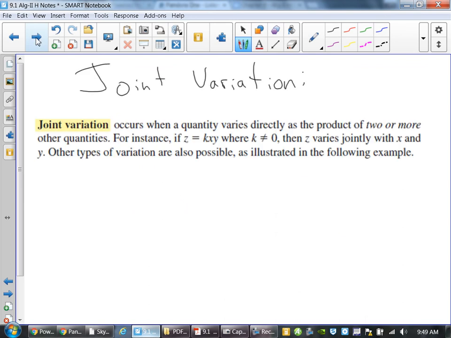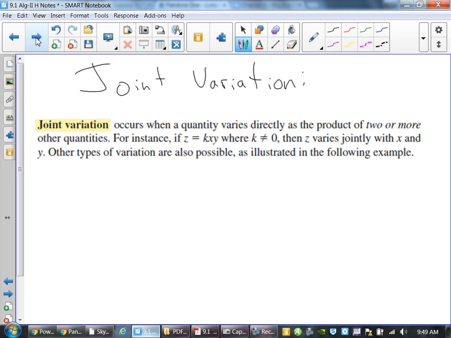Okay. Joint variation. So when you're combining more than one thing. Joint variation is when it says something varies jointly. That means there's more than one thing being multiplied together. For instance, if z equals kx times y, then z varies jointly with x and y.